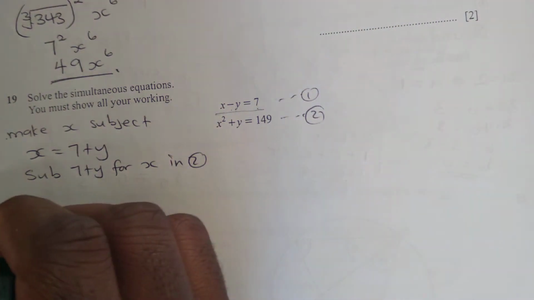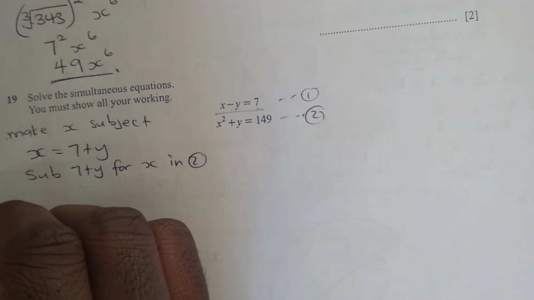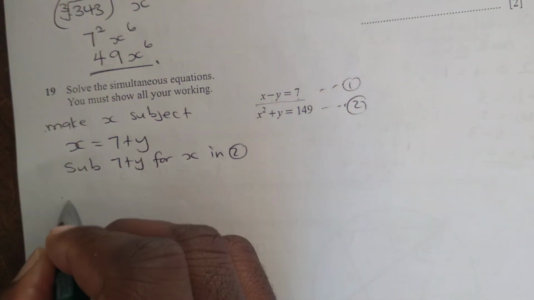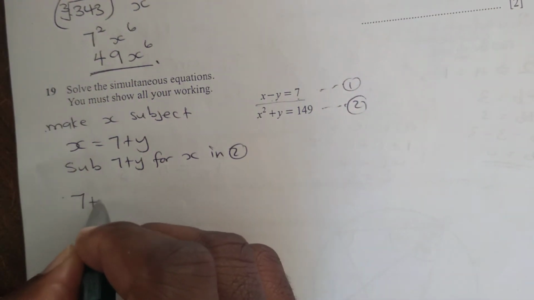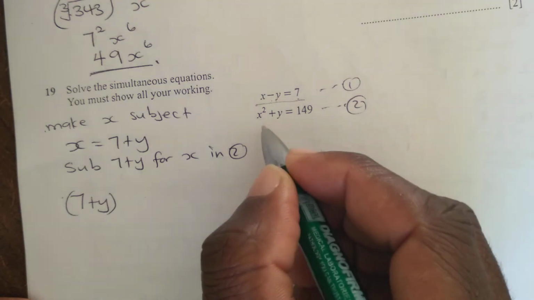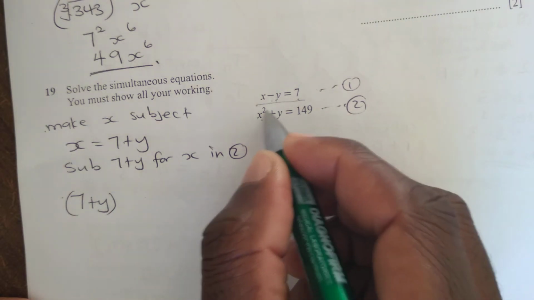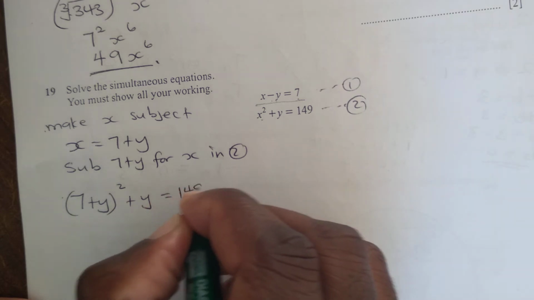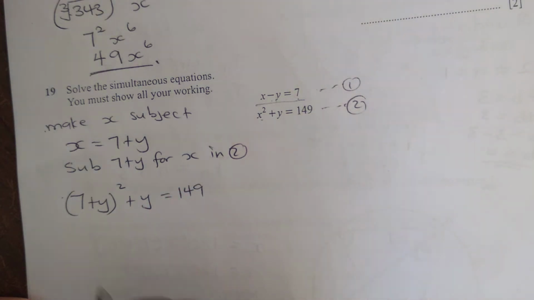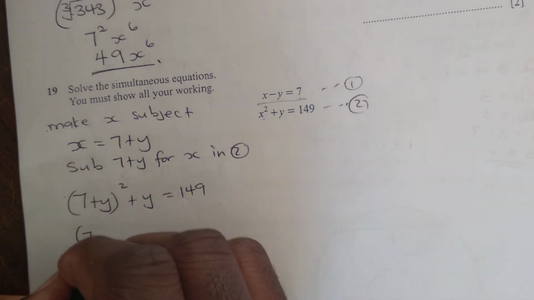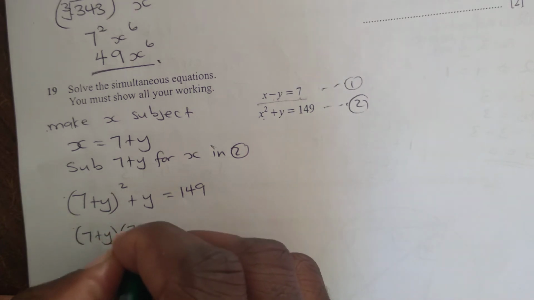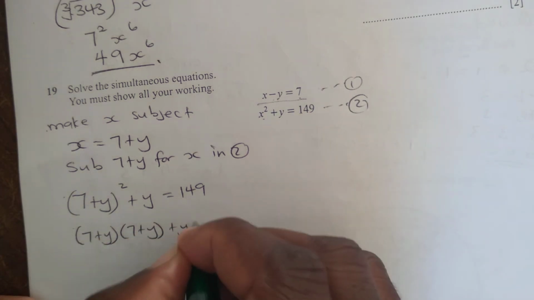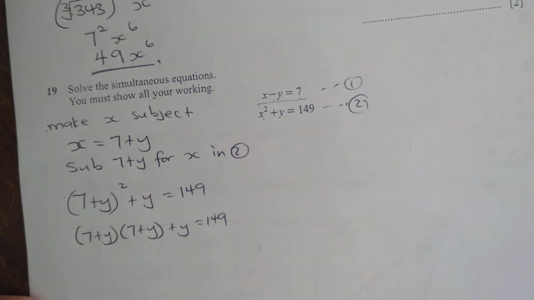Meaning you are going to remove x, and in place of x, you will write 7 plus y. So in this equation, x is squared, so you write 7 plus y squared plus y equals 149. So this is 7 plus y times 7 plus y equals 149.